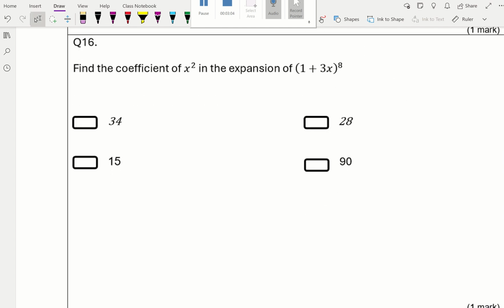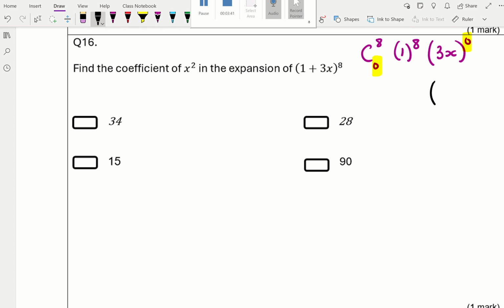Okay, and this one says find the coefficient of x squared in the expansion of (1 plus 3x) to the power of 8. I always put the expansion for the first term just to see how things work. So 8C0, the first term to the power of 8, and the second term to the power of 0. I notice that the number at the bottom, the r, because it's nCr, is the same as the power for the second term.